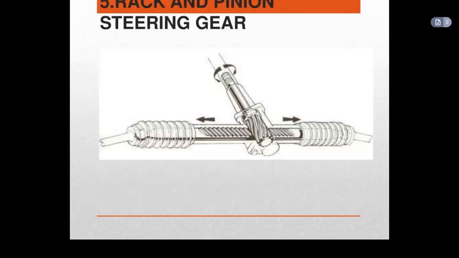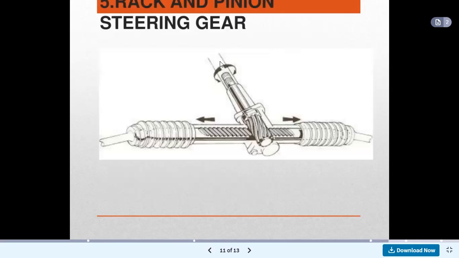The next is the rack and pinion arrangement. So this is the pinion, and this pinion is attached again to the steering column.